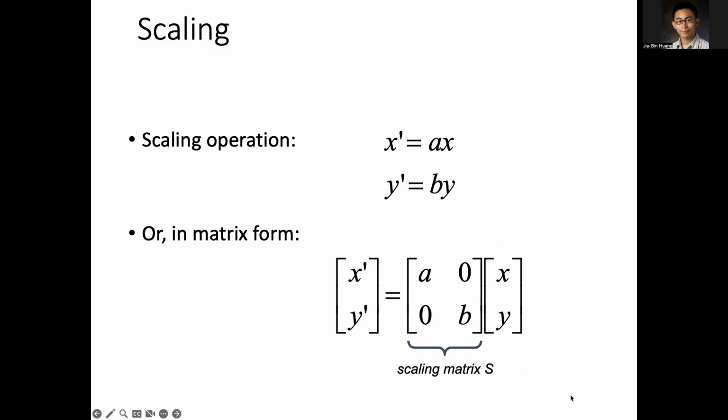Make sense? This is super simple, and you can have non-uniform scaling and so on.